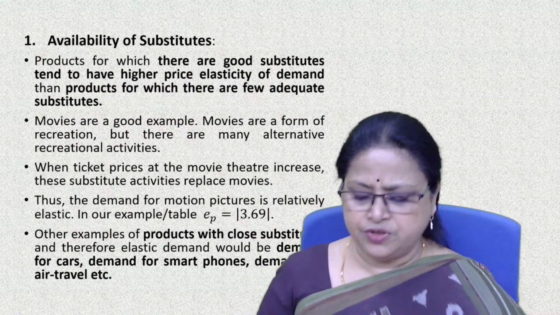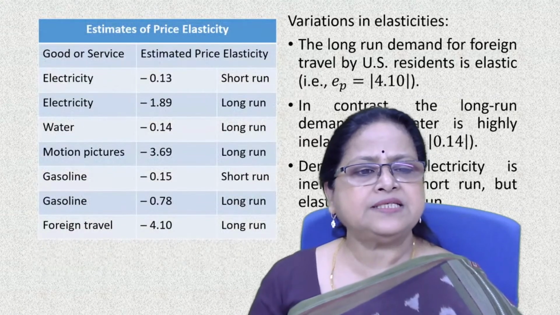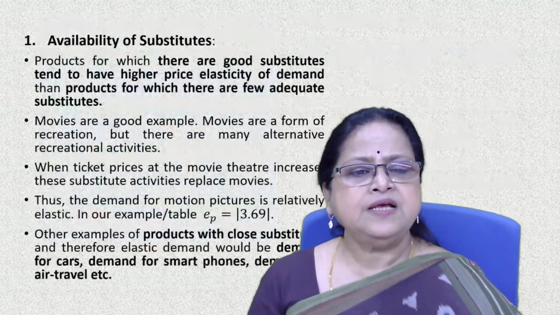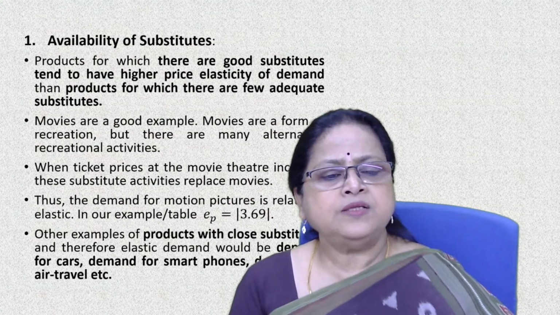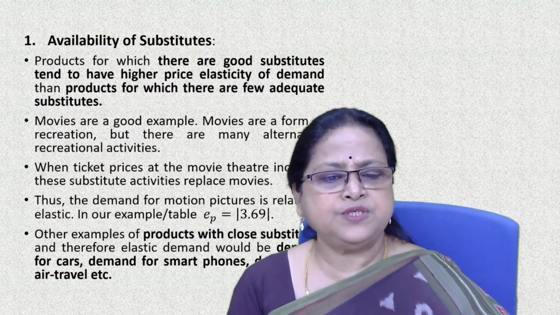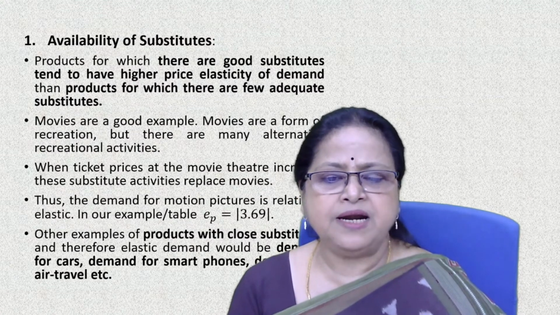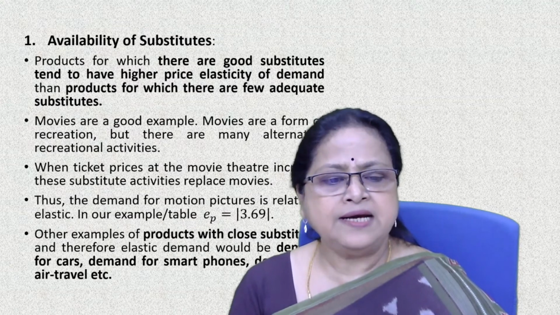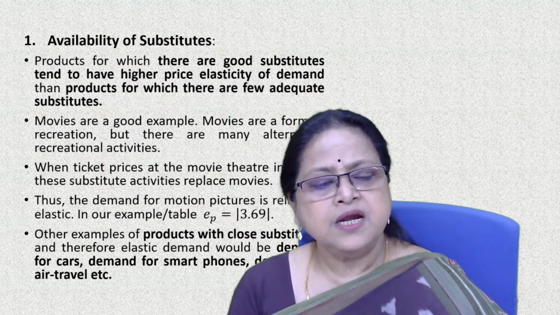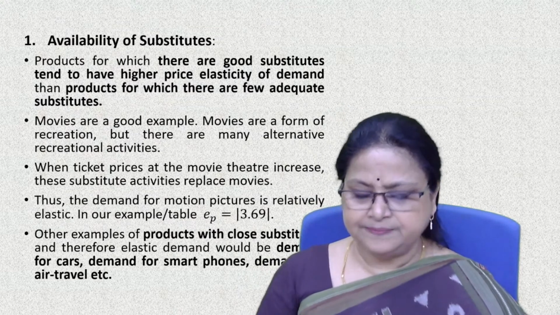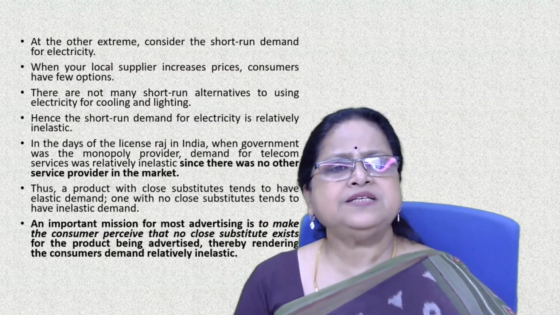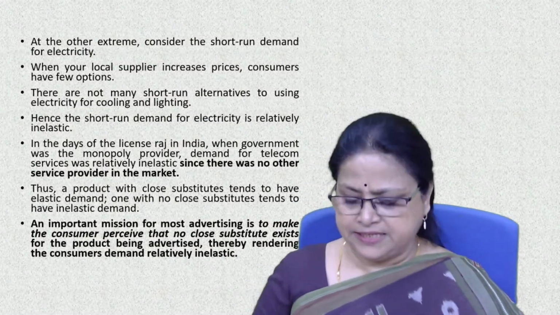Thus, the demand for motion pictures is relatively elastic. That is 3.69. Other examples of products with close substitutes and therefore elastic demand would be demand for cars, smartphones, air travel, etc. At the other extreme, consider the short-run demand for electricity.